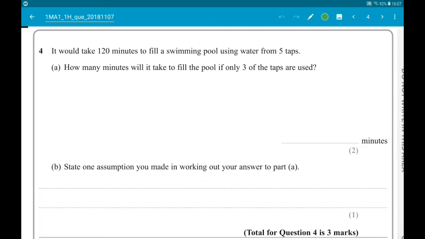So if we first of all find out how long it would take one tap, if we divide the number of taps by 5, the time it's going to take multiplies by 5. So one tap would take 5 times 120 minutes, so that's 600 minutes.